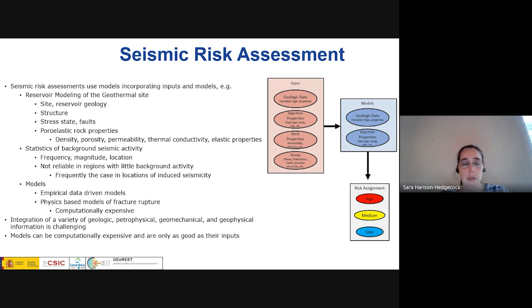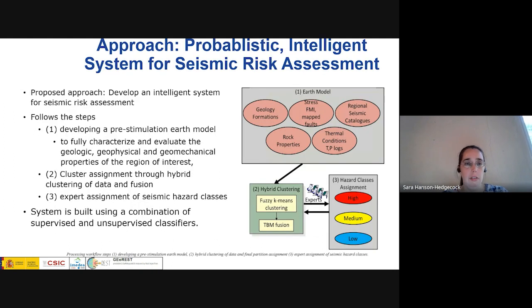Then they do a variety of empirical and physics-based models trying to integrate all this data. But it's challenging, and it can be very computationally expensive. So we wanted to try and address this and see if we could use our AI methods to do this.